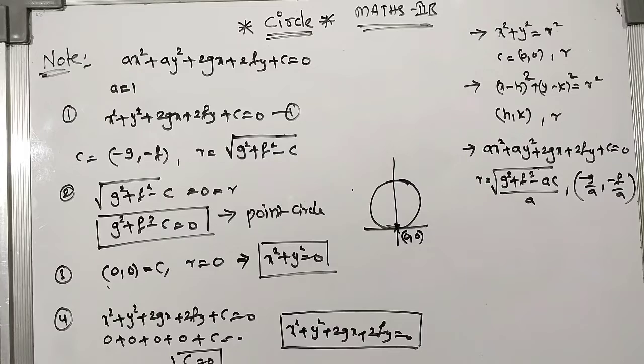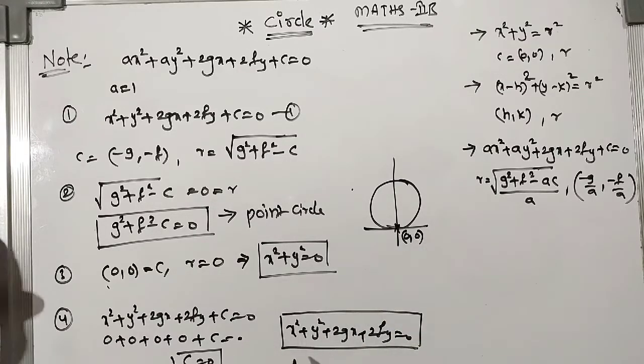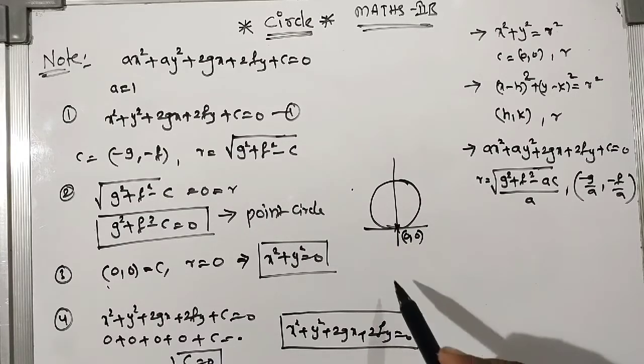So the equation in which the constant vanishes goes through the origin like this. So this is the equation x square plus y square plus 2gx plus 2fy is equal to 0. It is the circle equation which passes through the origin.